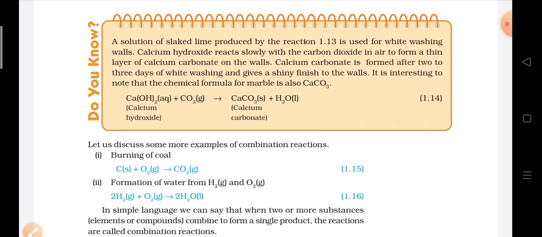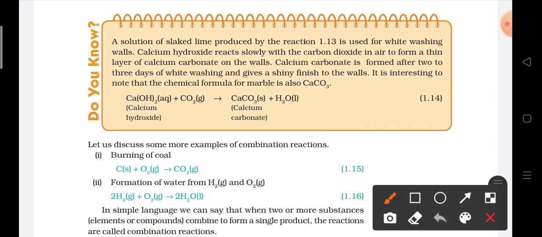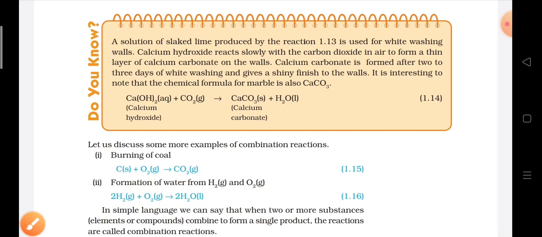Now here we can have some more combination reactions, like burning of coal, where coal is carbon which is burned in the presence of oxygen to form carbon dioxide. Similarly, hydrogen is highly flammable, burns in the presence of oxygen to form water, okay. So in simple language we can say that two or more substances, elements or compounds, combine to form a single product.